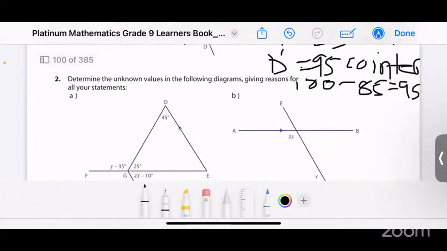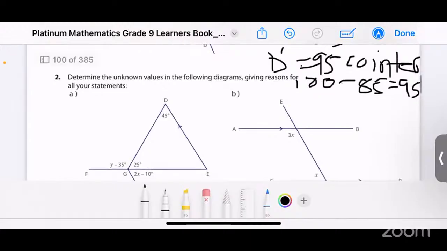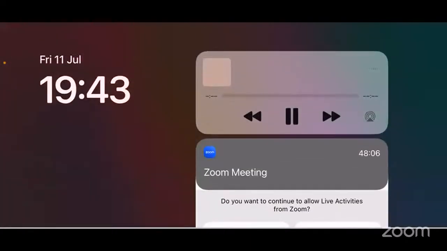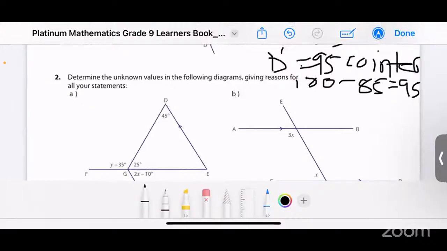Let's try number 2. Okay, I'm checking time. Let's check number 2. Determine the unknown values in the following diagram. Give reasons for your statement.